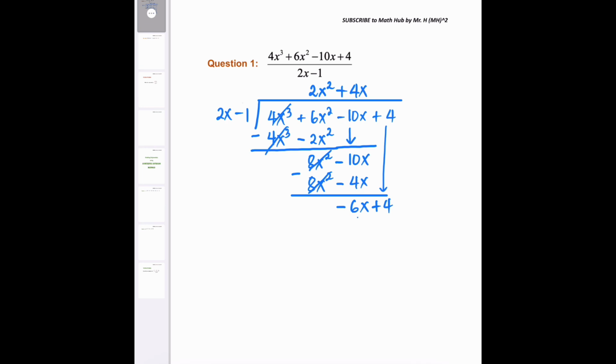So negative 6x divided by 2x is negative 3. Negative 3 multiplied by 2x is going to give us negative 6x. Negative 3 multiplied by negative 1 is positive 3.